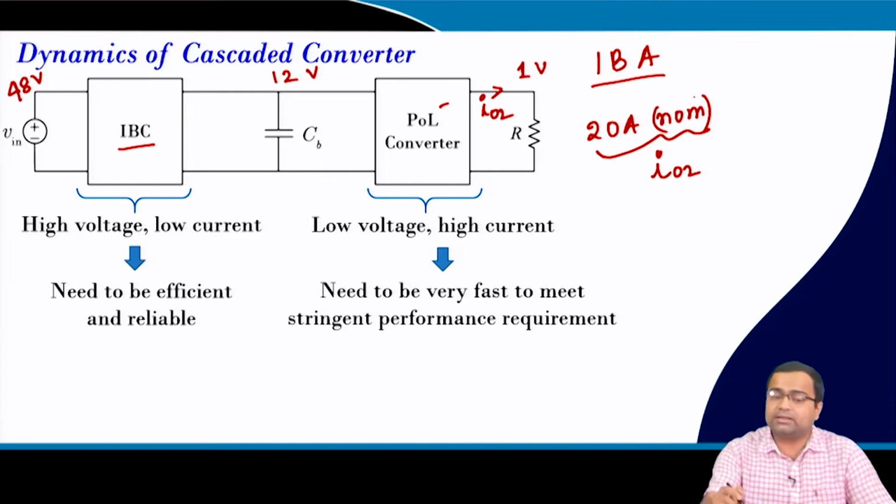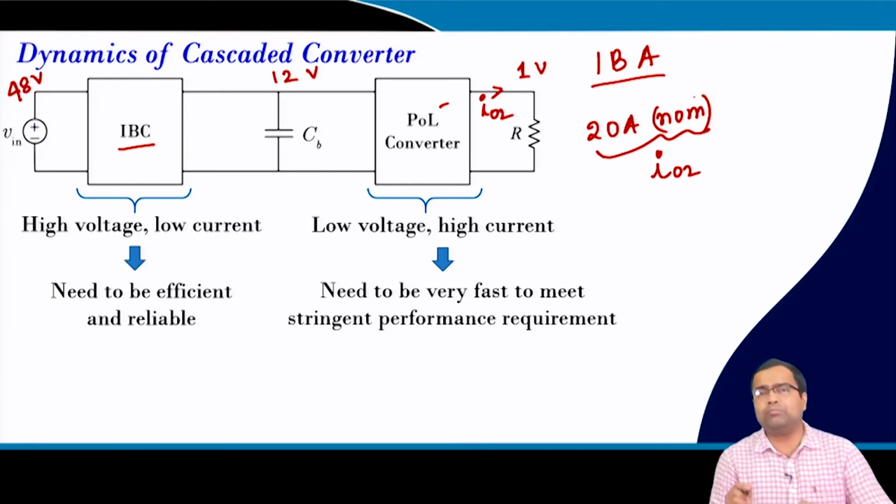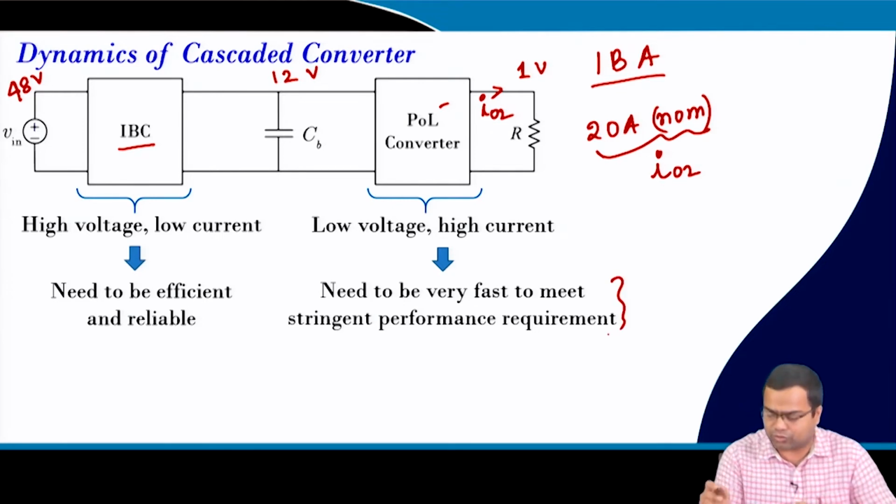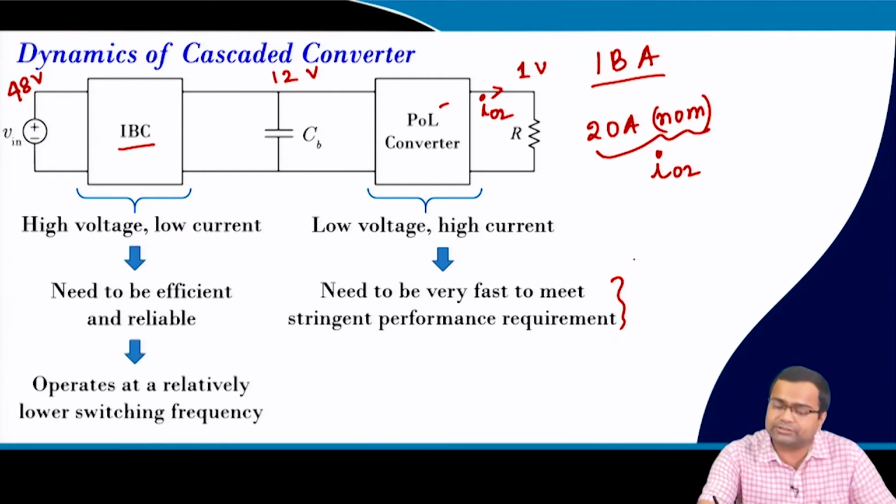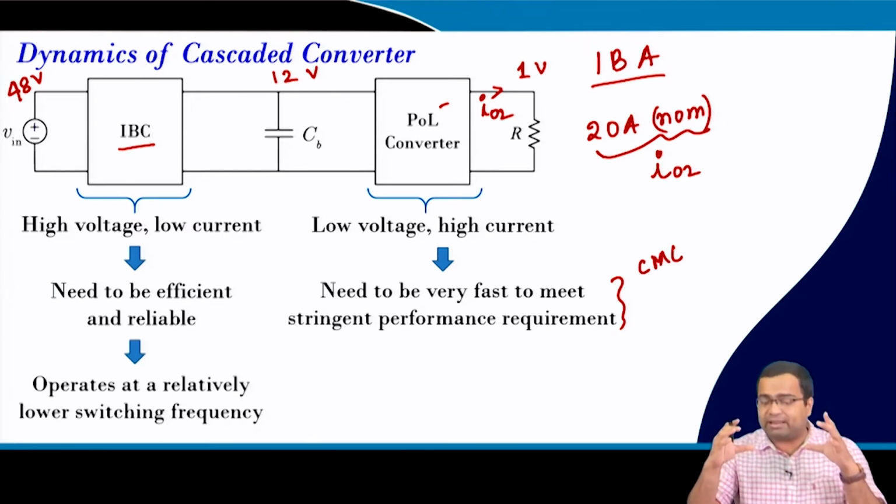That is why this stage has to be very fast to meet the stringent performance requirement, and it is often operated under current mode control, because it requires a very fast transient response.